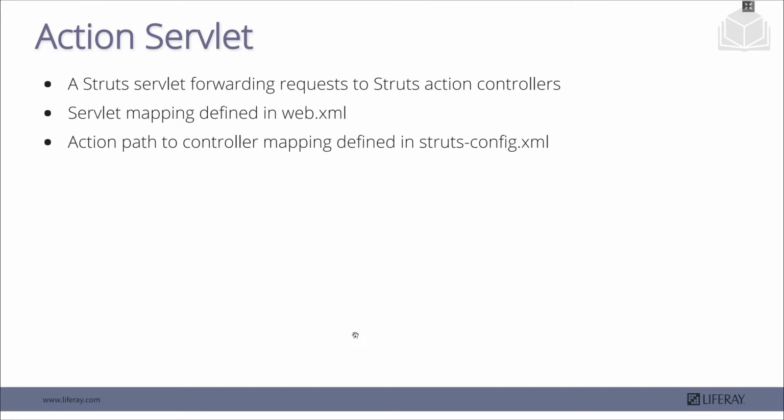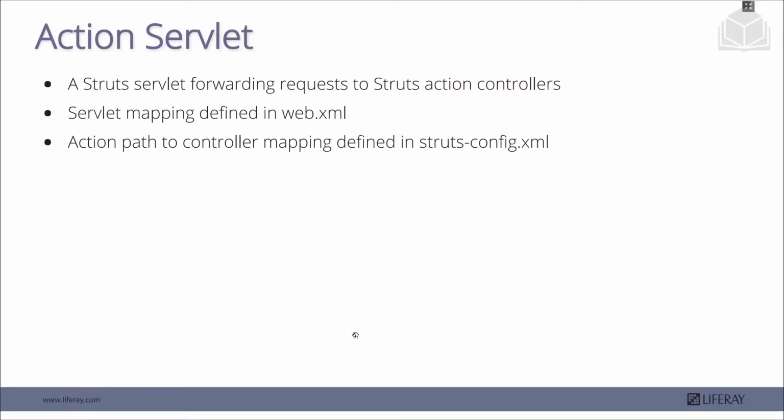So we're going to start off with the action servlet. So the action servlet, what ends up happening is there are specific URL parameters that might be entered. And these URL parameters will trigger specific struts or action servlets.